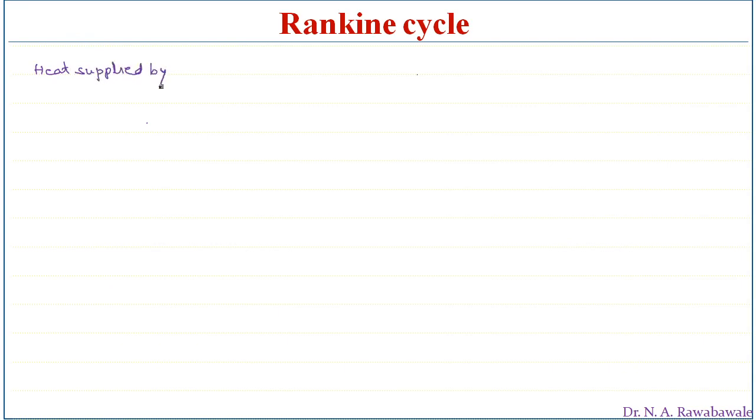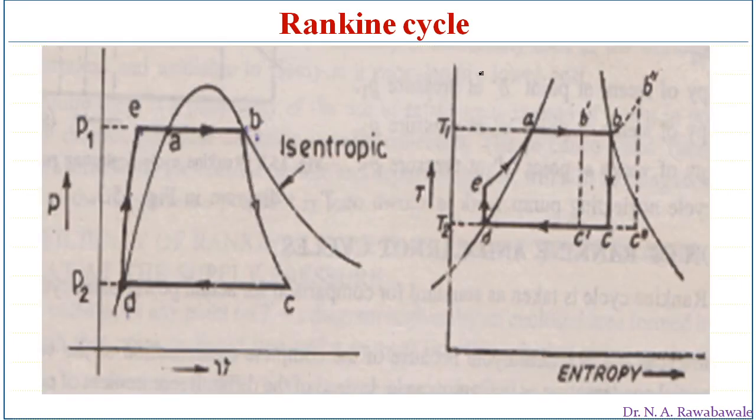Heat supplied by the boiler per kg of steam that is generated is equal to, so heat supplied in the boiler that we can find out from this diagram.